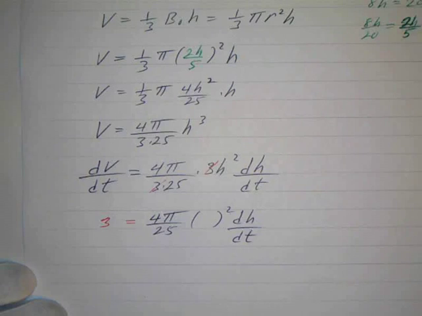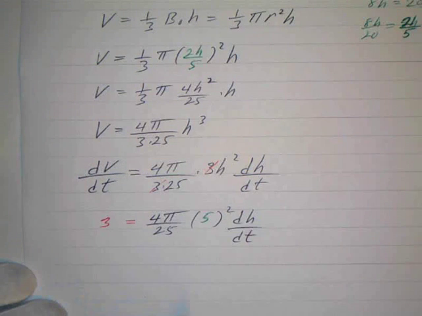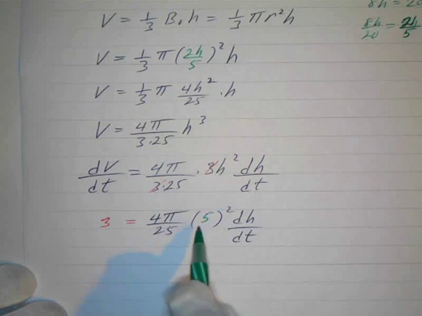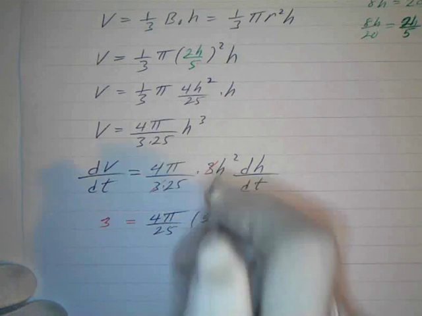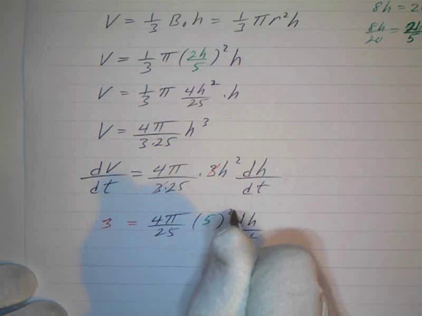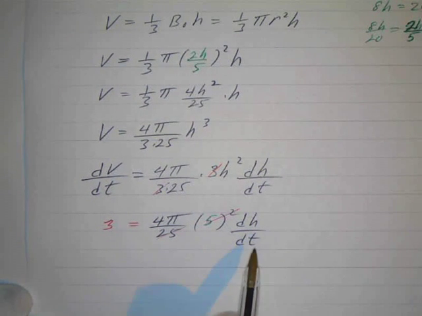And what was h? h was 5. Well, this works out nicely because h up here was 5, so I put 5 in here. And what's 5 squared? 25, so 25 over 25. That works out a little bit easier. They don't always work out so easy, but in this case they did. Maybe that's not a good example because they do work out nicely.